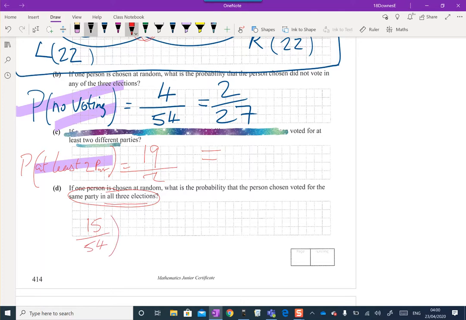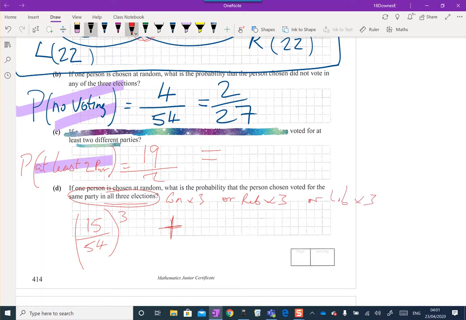But that number needs to happen 3 times. So it has to be cubed using the fundamental principle of counting. And then, another possibility is they voted for Republicans. And if so, they could have voted for Conservatives 3 times. So Conservative cubed, or Republican cubed, or Liberal cubed.